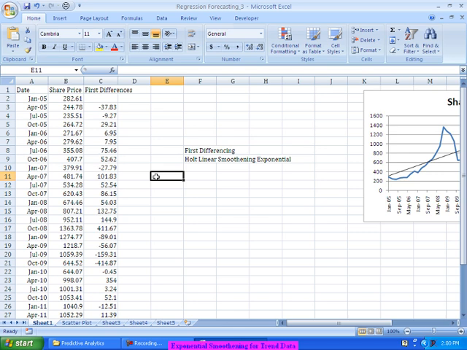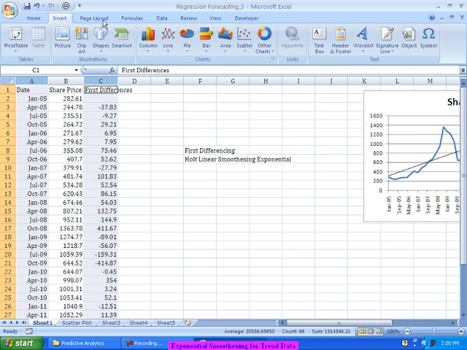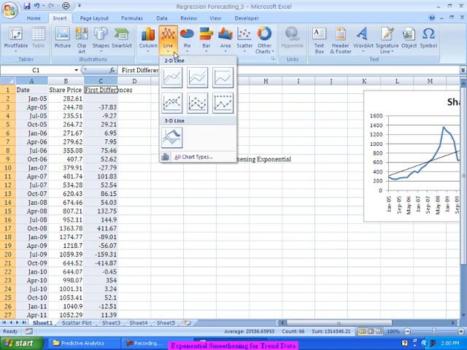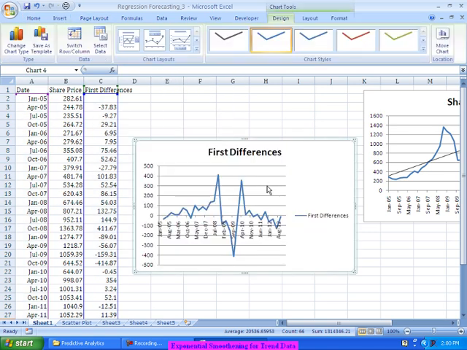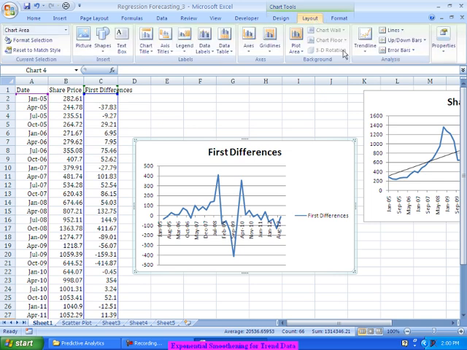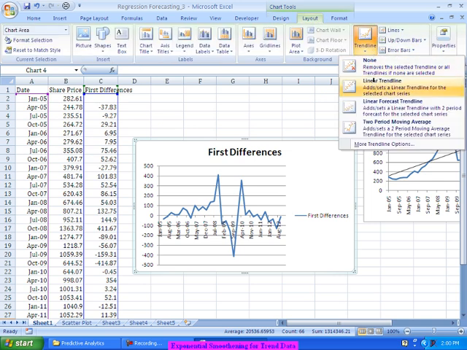Now what we observe is, when I plot the chart of the first differences, it is assumed that these first differences do not show much of a trend. If required, plot a chart and also put a trend line.